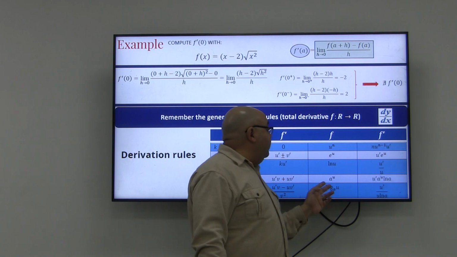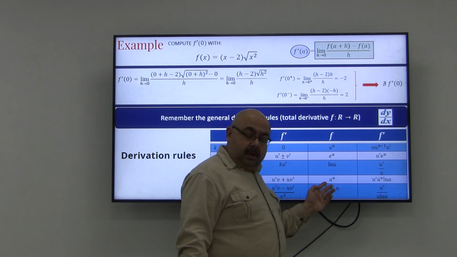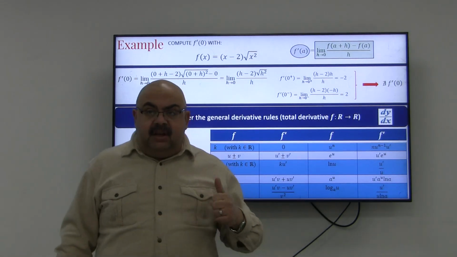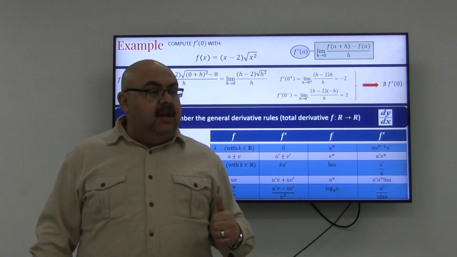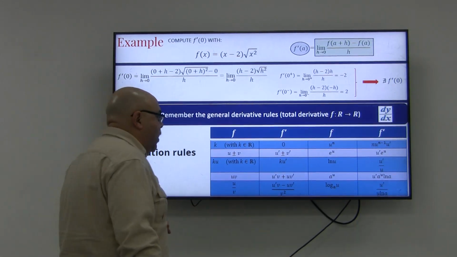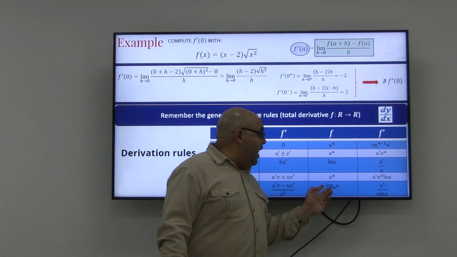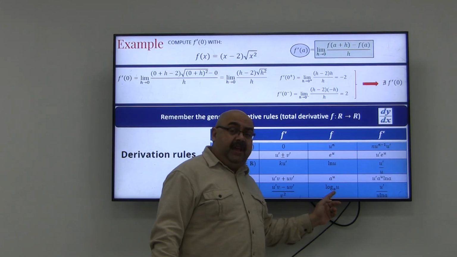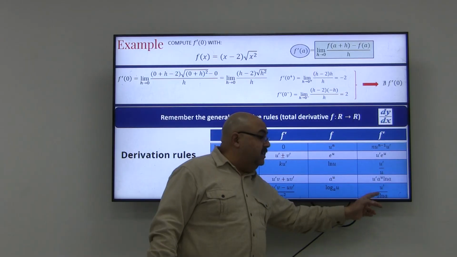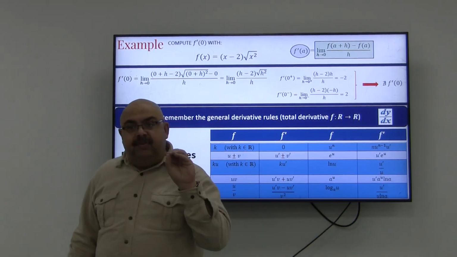If I have a to the power of u, it will be the same function, a to the power of u, times ln a, times the derivative of the power, which is u dash. If I have log u for base a, it will be 1 over u times u dash times ln a. Those are the main derivative laws.